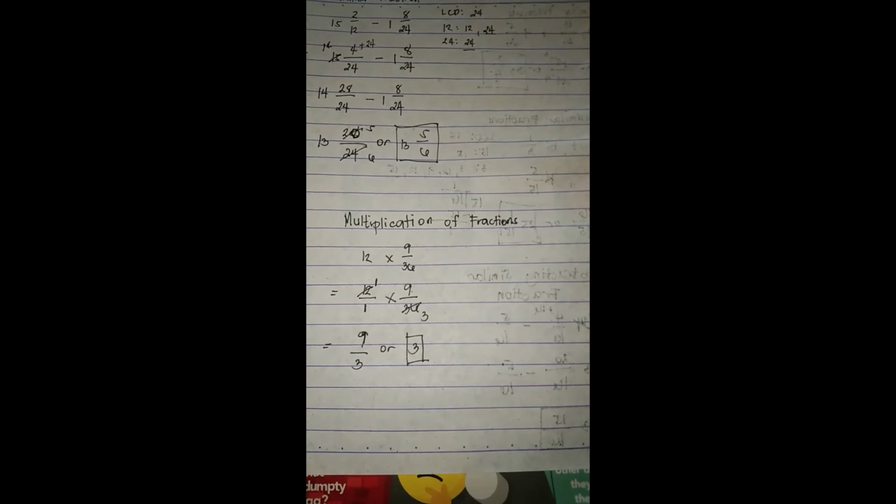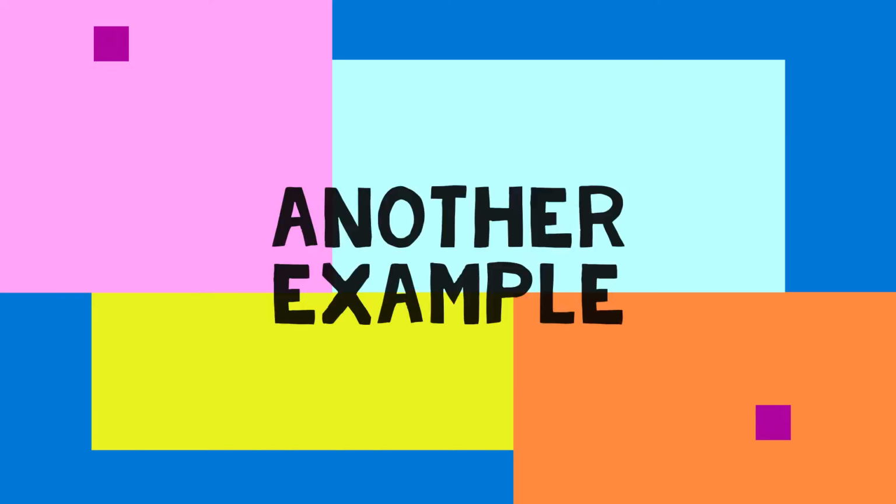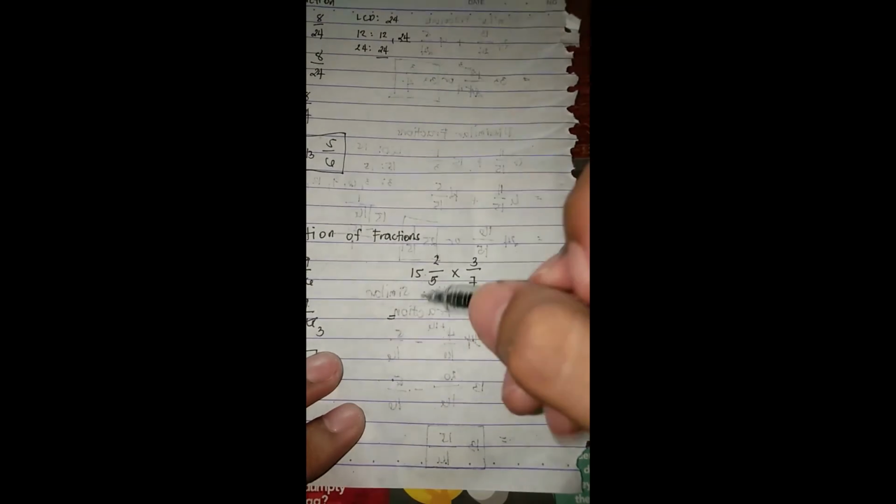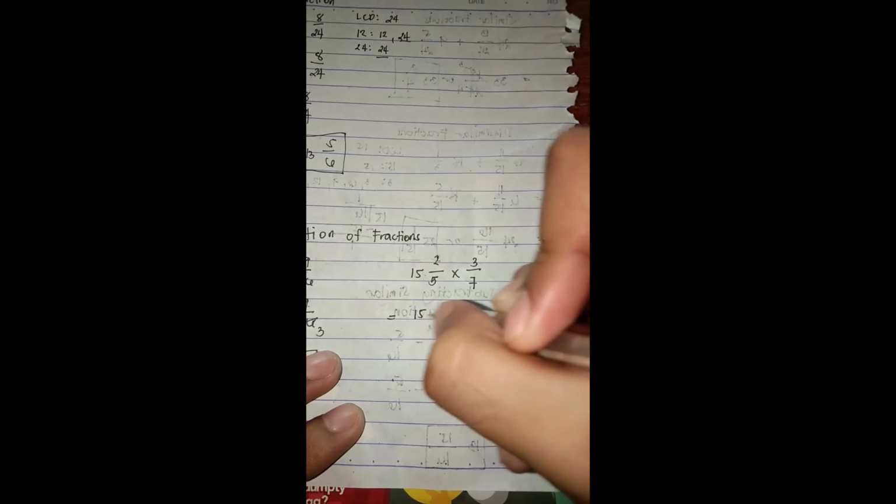Okay, so may bibigay pa ako na another example. Okay, so another example. So, in this case, we have here a mixed fraction or mixed number. So, this step in here or kung ano yung process dito. So, first, we need to change the mixed fraction or mixed number into improper fraction. So, by multiplying and then add. So, to change it, so 15 times 5, so ito yon denominator, plus 2 over the denominator 5.